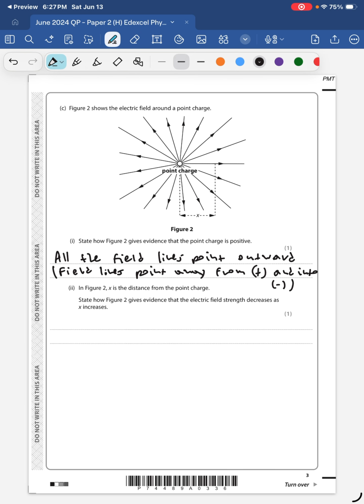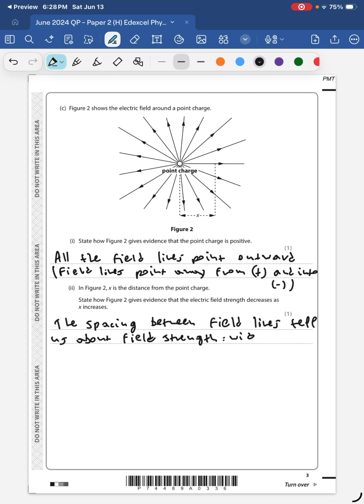Question 2. In figure 2, x is the distance from the point charge. State how figure 2 gives evidence that the electric field strength decreases as x increases. Let me think about that. So the spacing between field lines tells us about field strength.